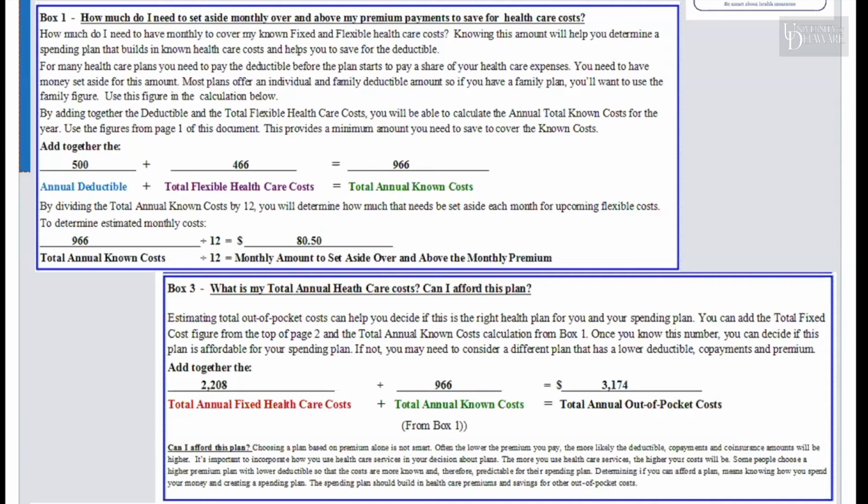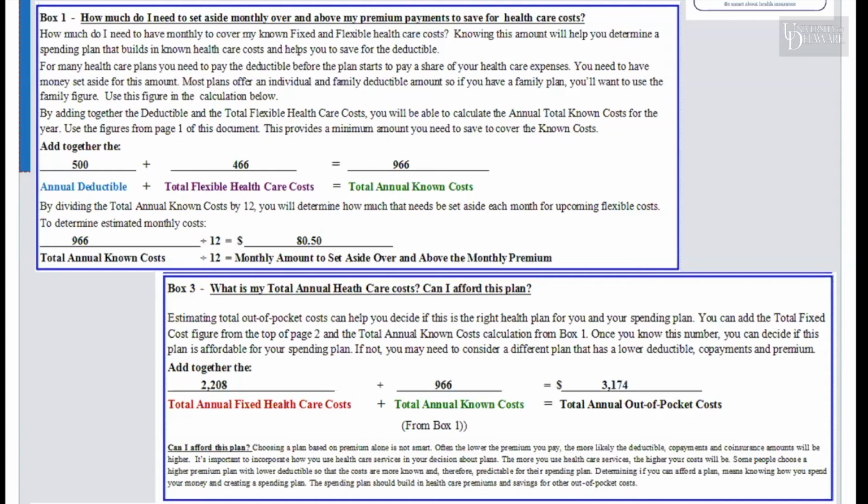So it's really important to crunch the numbers and pay attention to those factors. Looking back over how you use healthcare services is an important step in determining which plan is best, and also figuring out how much to save for those out-of-pocket costs.